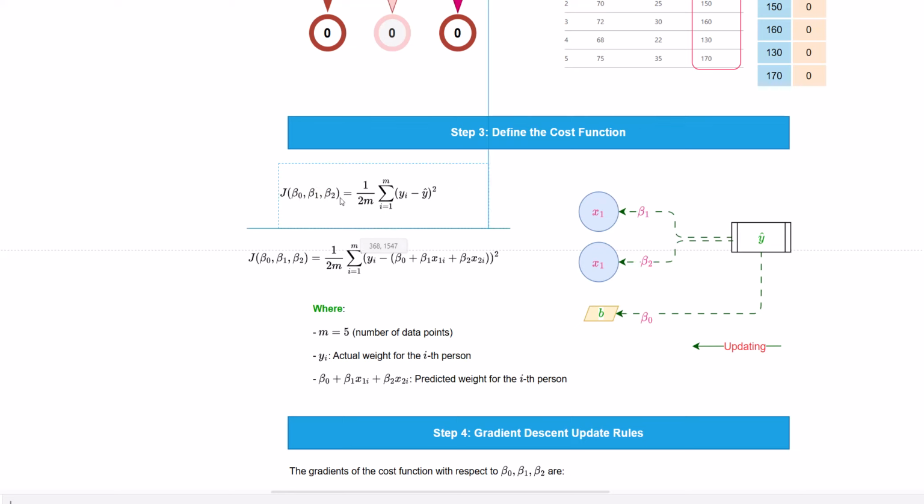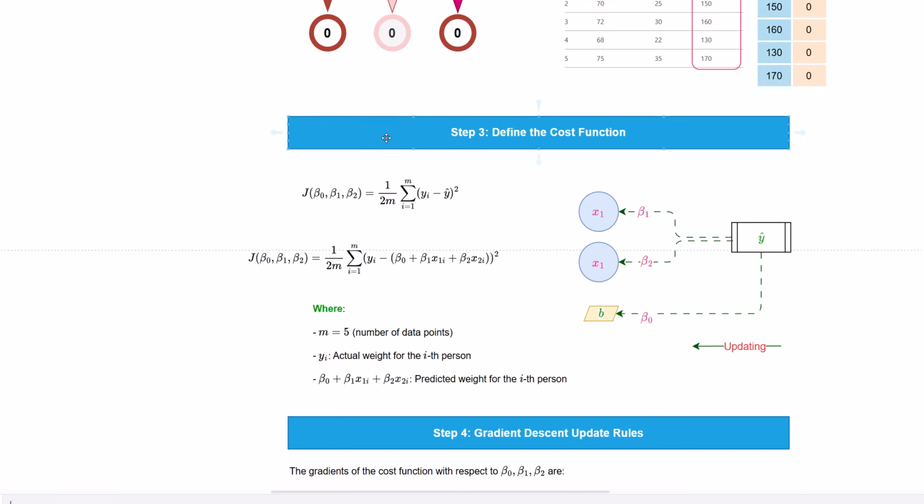So this is the formula, because as you can see in this graph here, y hat depends on three variables, right? That's why I have here g, for instance, of beta 0, beta 1, and beta 2. Because, as I said, y hat depends on these variables. And this is the formula.